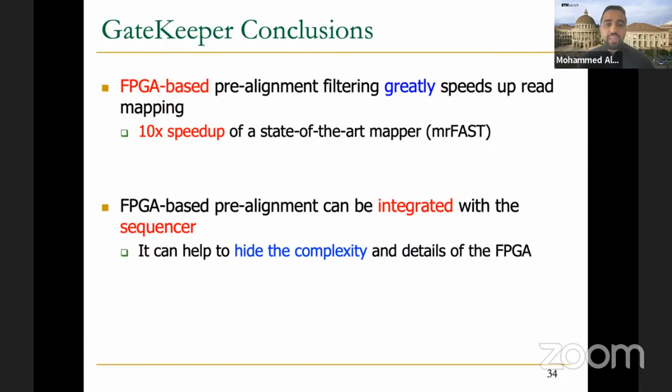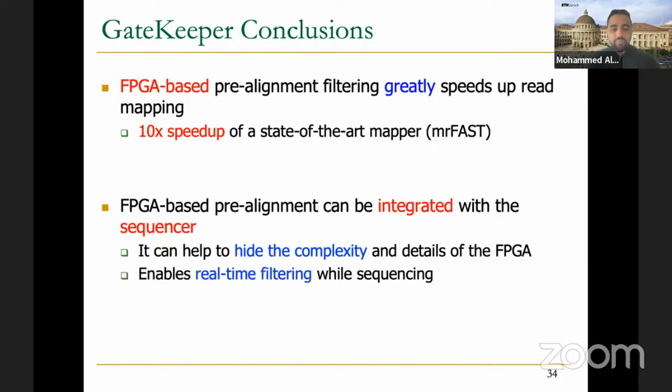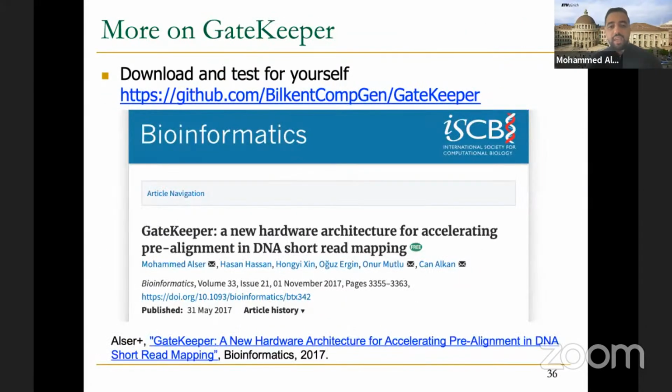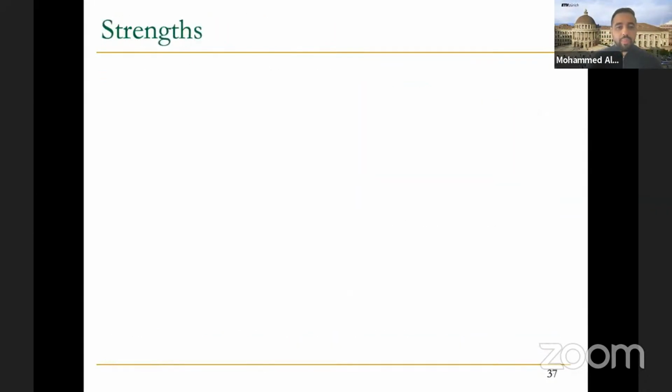Since it has a low footprint for the FPGA implementation, less than 5%, you can maybe integrate it with the existing FPGA inside the sequencing machine. And this provides two benefits. First, hiding the complexity from the user and doing real-time filtering. This is the shifted Hamming distance paper published in Bioinformatics. This is GateKeeper, published also in Bioinformatics in 2017.